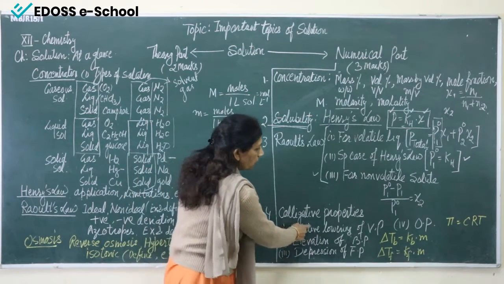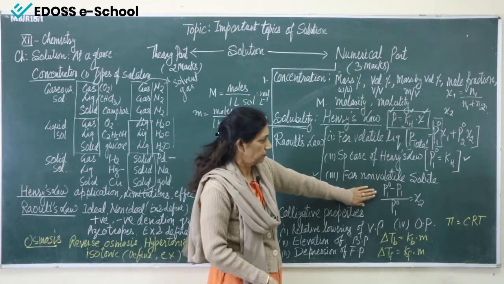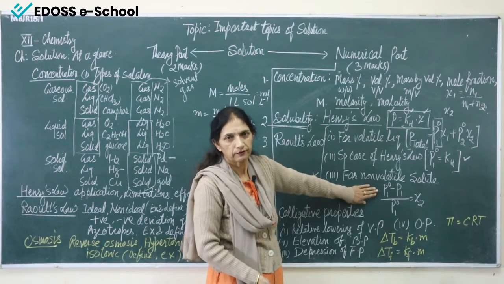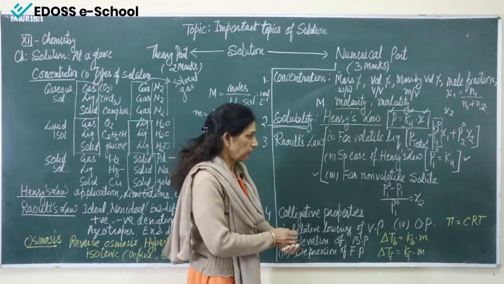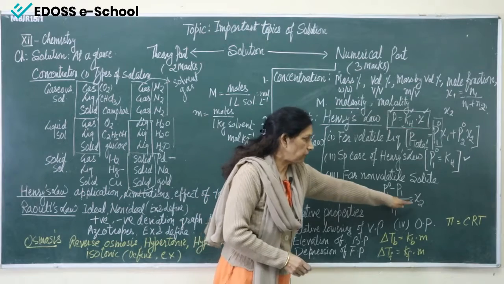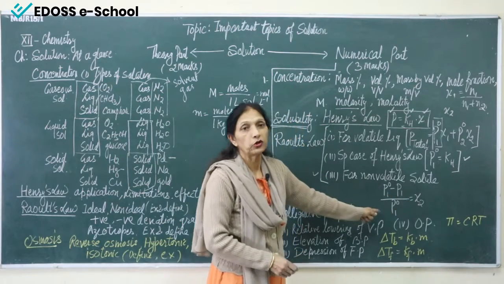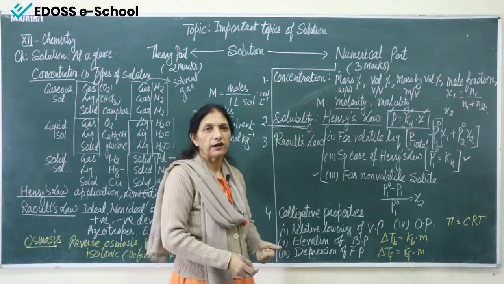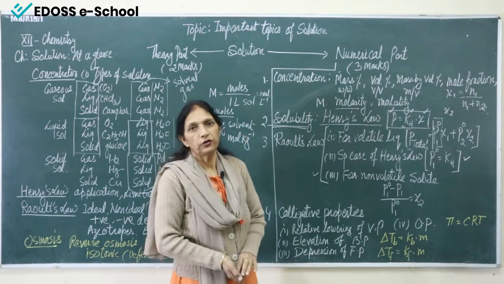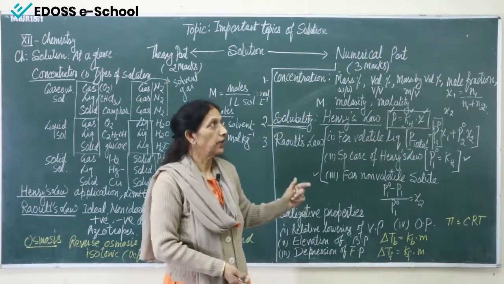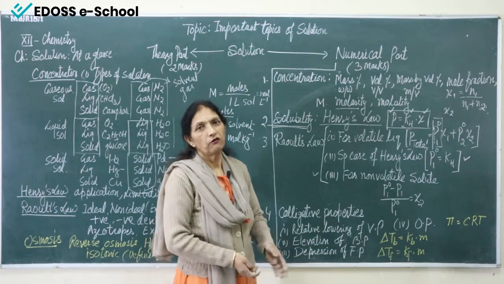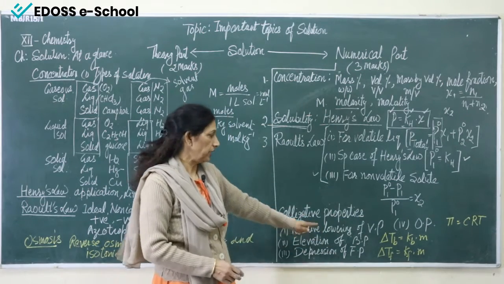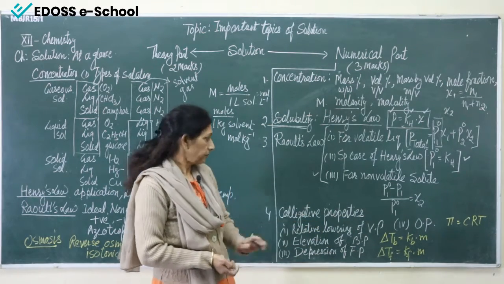For relative lowering of vapor pressure, the same formula will be applied, and with its help we can also find molar mass. For this, I have already made one video on solutions, where I have taken all the complete numericals for relative lowering of vapor pressure.